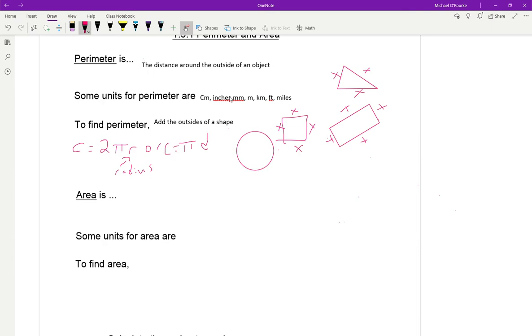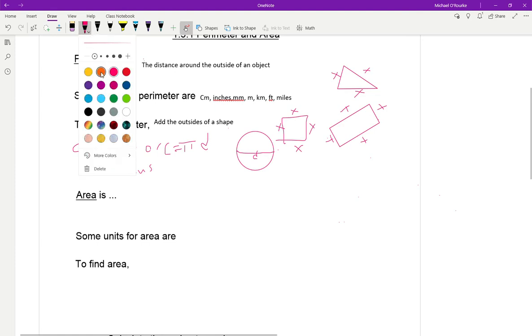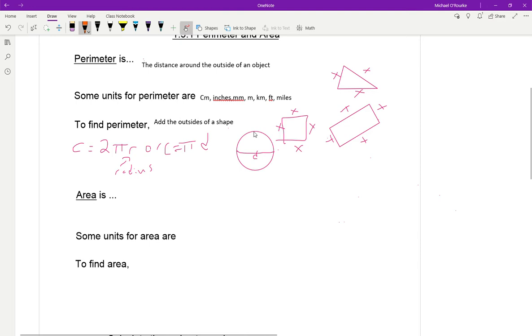Either one of those. Remember, your diameter is a distance all the way across, while your radius is halfway across. Okay, so that is your perimeter.